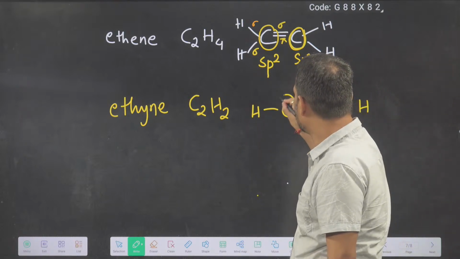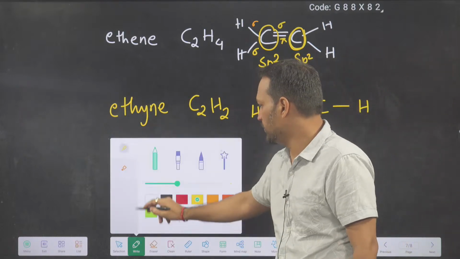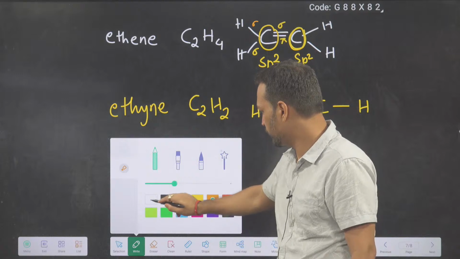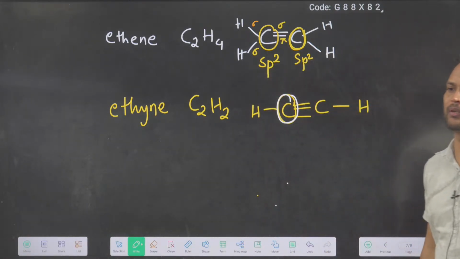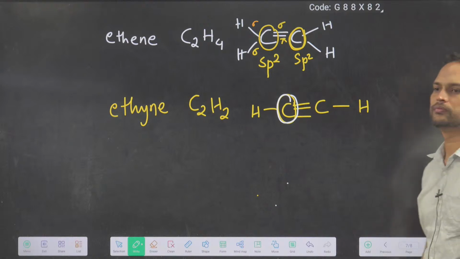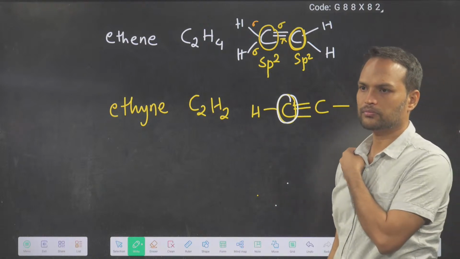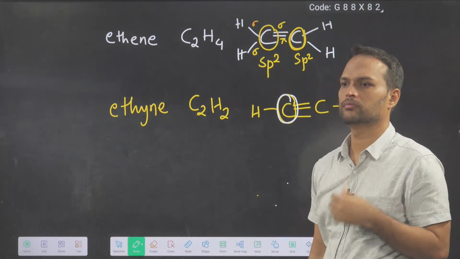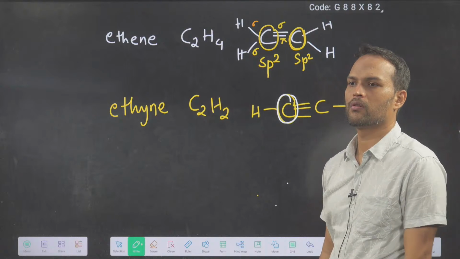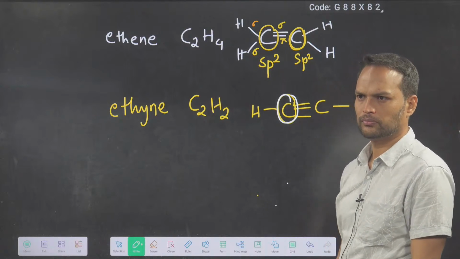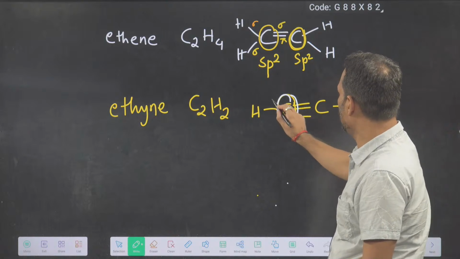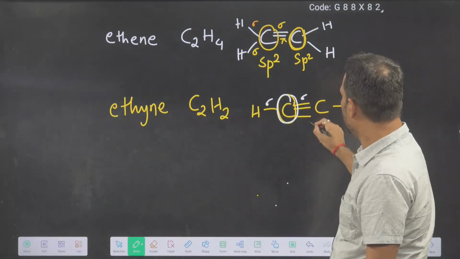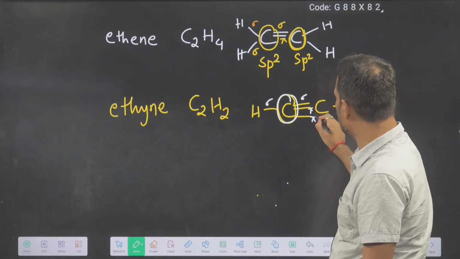Now tell me, how many sigma bonds does this carbon have? Two sigma only, 1 sigma here and 1 sigma here. In a multiple bond, 1 is sigma and the rest are pi.